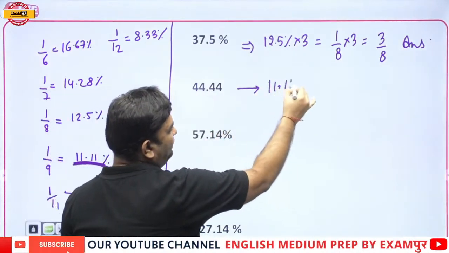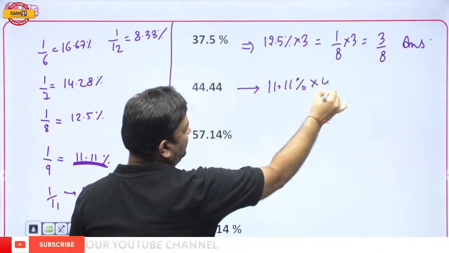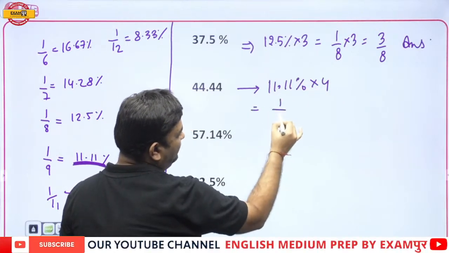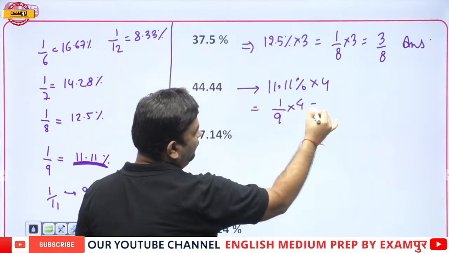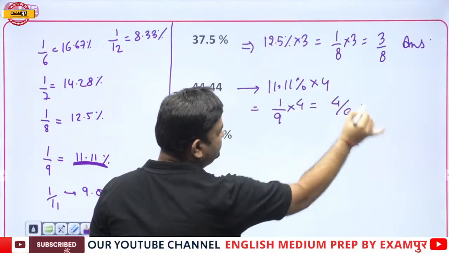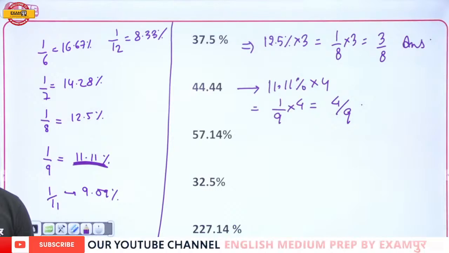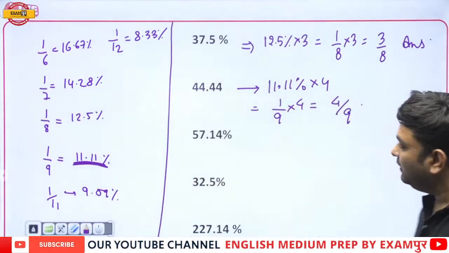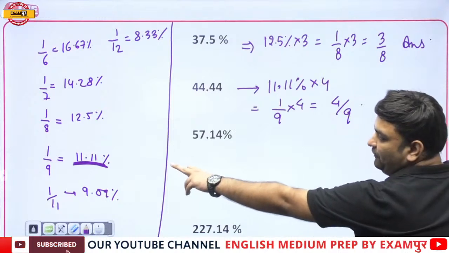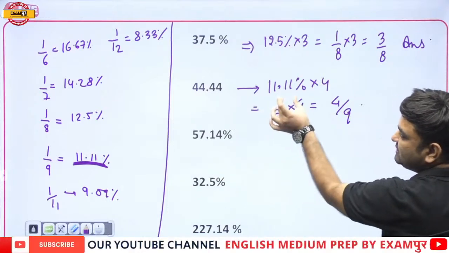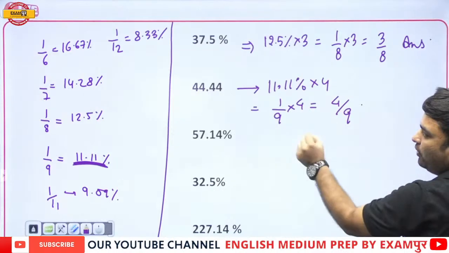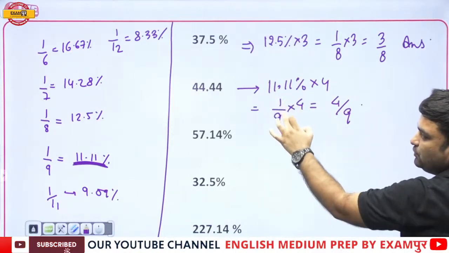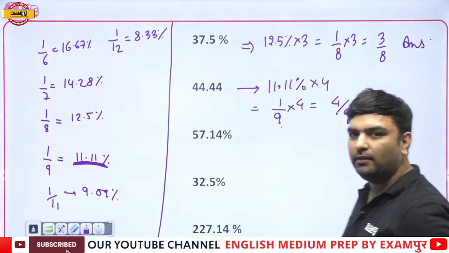So 11.11 percentage into 4. 11.11 is 1 by 9 into 4. 4 by 9.